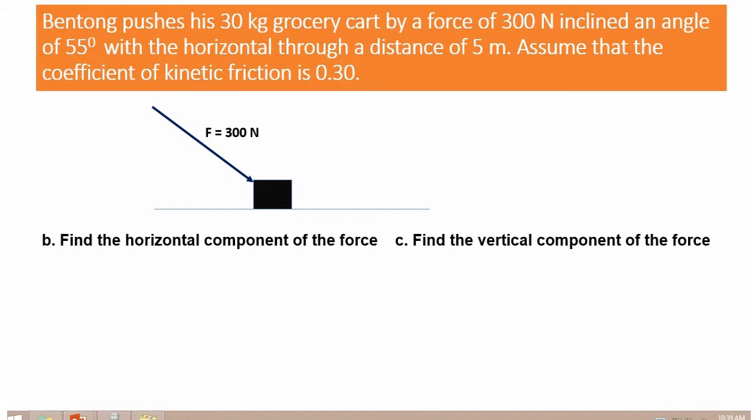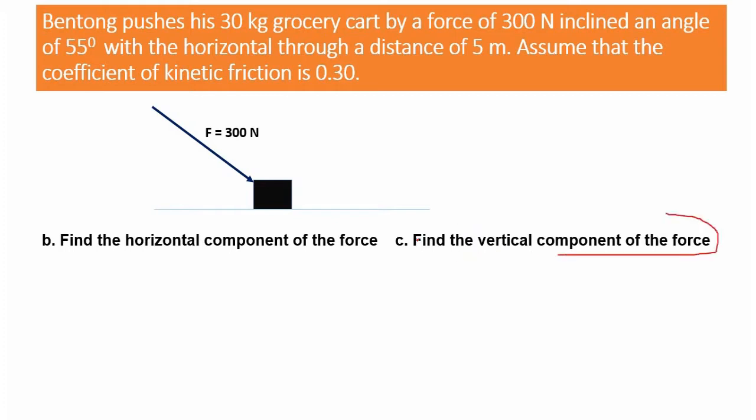Let's go to letter B and letter C. For letter B, you have to find the horizontal component of the applied force, and for letter C, you have to find the vertical component of the applied force. So what do we mean by this?